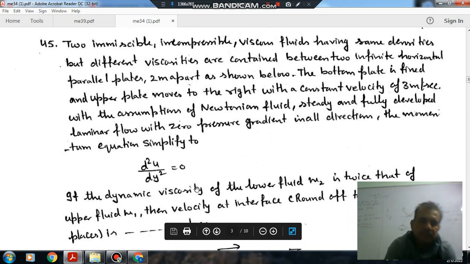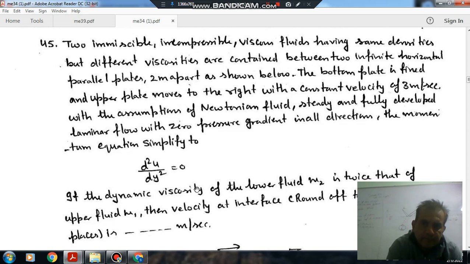Next, two immiscible incompressible viscous fluids having same density but different viscosities are connected between two infinite horizontal parallel plates 2 meters apart as shown below. The bottom plate is fixed and upper plate moves to the right with a velocity of 3 meters per second.